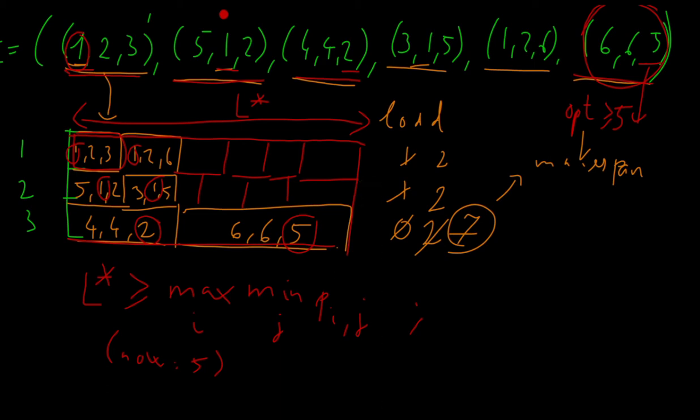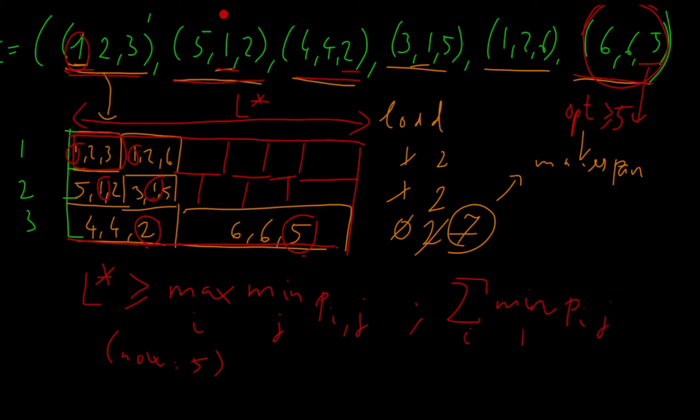So in this case, the total area of these rectangles, if we assign all the jobs, will be at least 1 plus 1 plus 1 plus 1 plus 2 plus 5, which is at least 11. In general, it's the sum of the minima of the Bij.